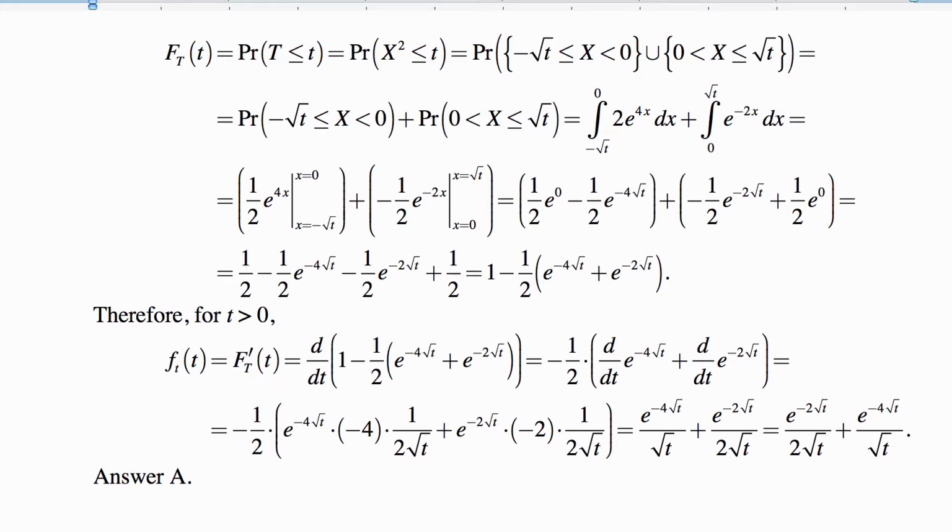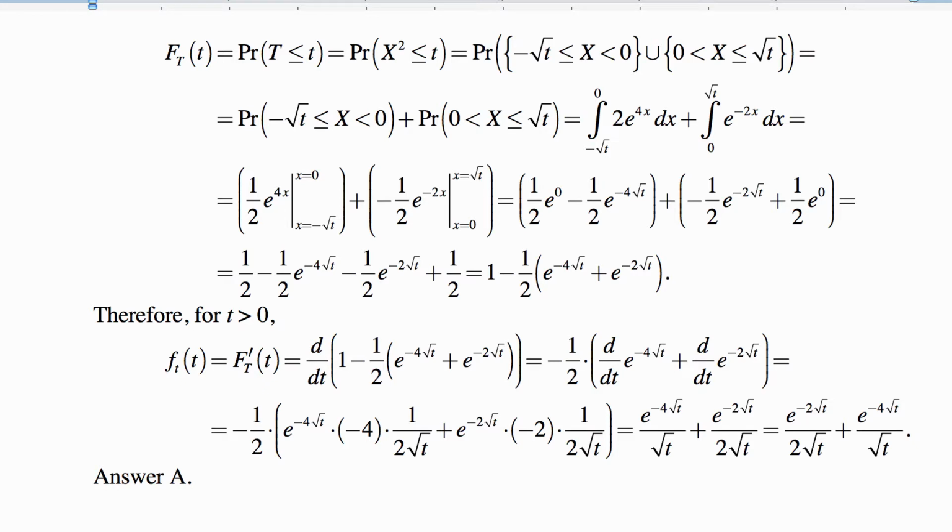That ends up being 1/2 minus 1/2 e to the minus 4 square root of t, minus 1/2 e to the minus 2 square root of t, plus 1/2. So that's 1 minus 1/2 times the sum of e to the minus 4 square roots of t and e to the minus 2 square roots of t. And the density is the derivative of this.